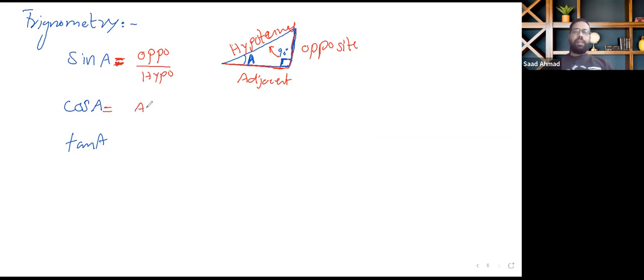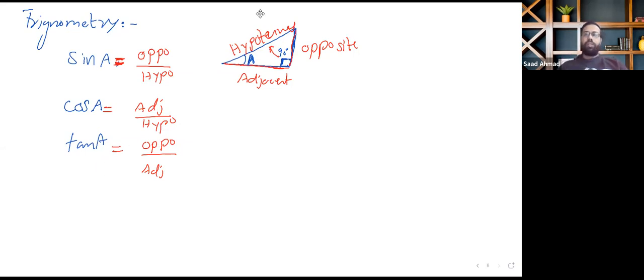Then if we divide the adjacent side by the hypotenuse, that ratio is called the cos ratio. And if we divide the opposite by the adjacent side, that is called the tangent ratio, the tan ratio. So these are three. Yes, these are the fractions. When you divide them, you get the decimal answers too.